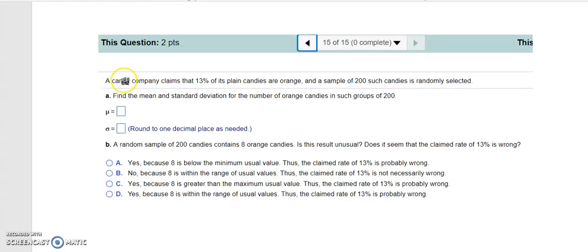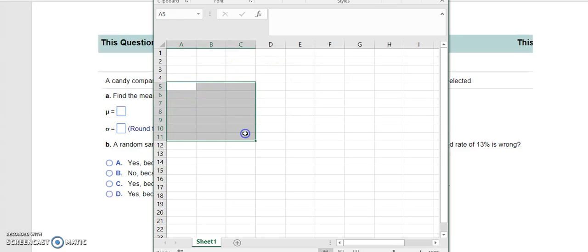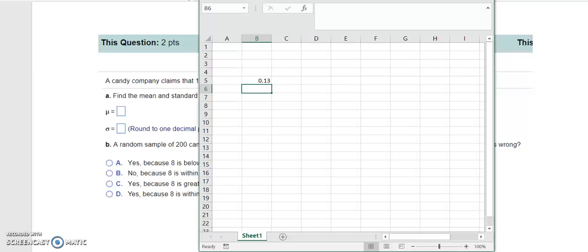So here we go, last question. Candy company, 13% of its plain candies are orange, and you have a sample of 200 randomly selected. So finding the mean and the standard deviation. For the mean, we have 13%, which is 0.13, right?